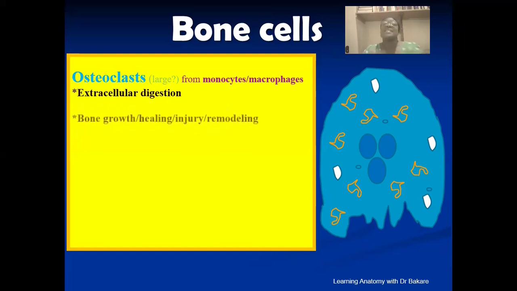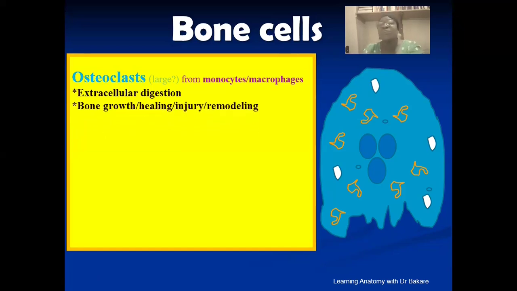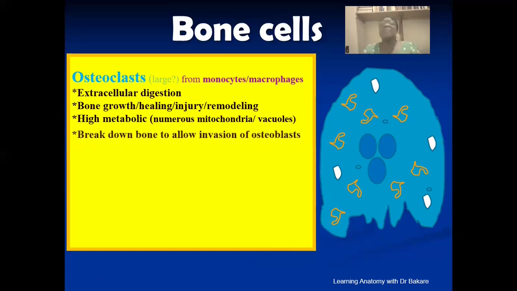And osteoclasts are seen in regions where bone growth, healing, injury, and remodeling occur. And they are able to digest the extracellular matrix through their high metabolic activity. If you look into their cytoplasm, you see that they have numerous mitochondria and vacuoles. The vacuoles are used to store the chemical substances that are used to digest extracellular matrix. And what they do basically in this regard is to help break down the already formed bone tissue.